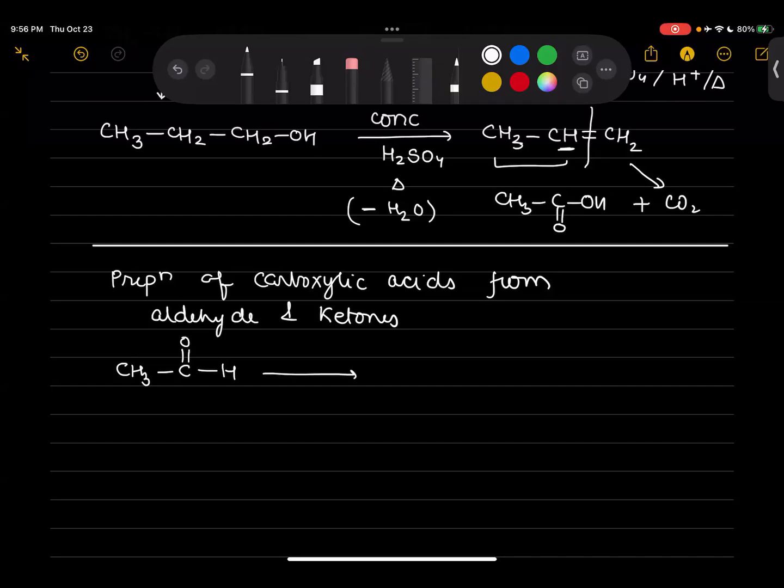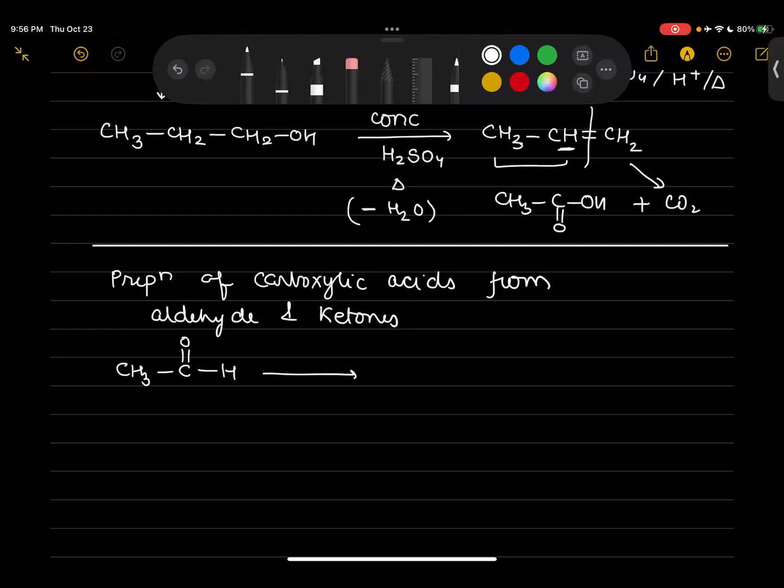Oxidation. Now any oxidizing agent will do. Even Tollens' reagent can oxidize it. That's what we have seen in the tests of aldehydes and ketones. Is it clear?